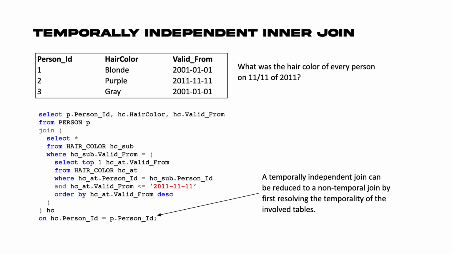So I've basically reduced the problem of having a temporal join to a non-temporal join by actually first resolving the temporality of the temporal table. And this is quite a common situation. One of the most common use cases is to actually see things as they are right now. So you have like a current view of all of your data, even if you have it stored temporally.